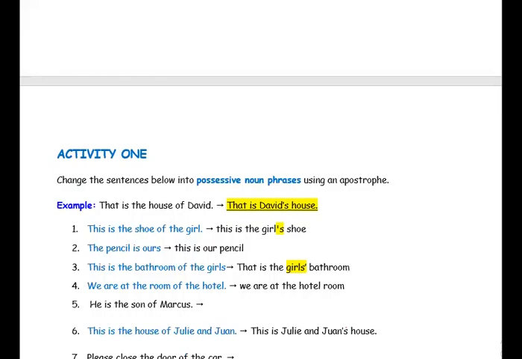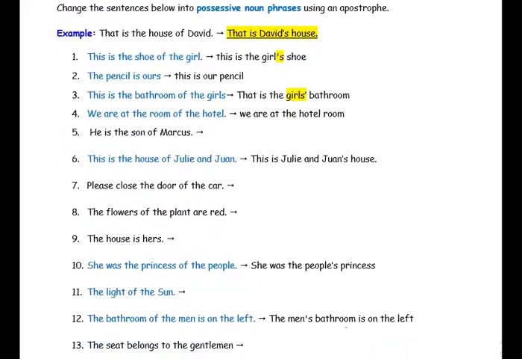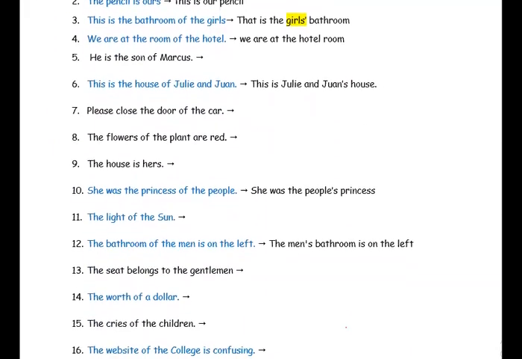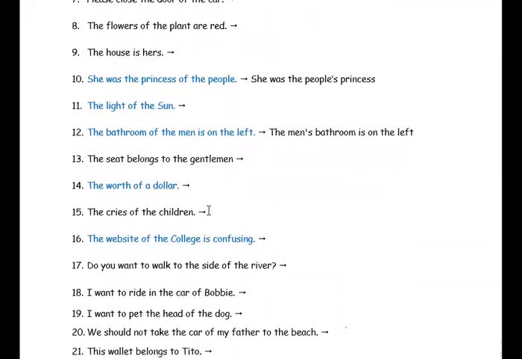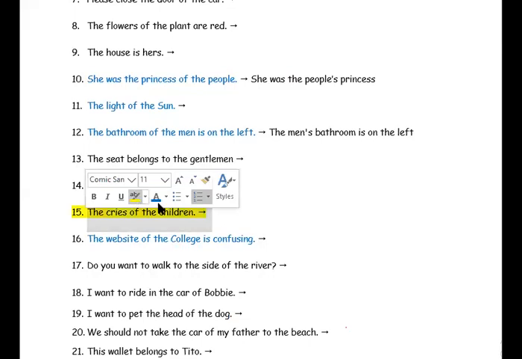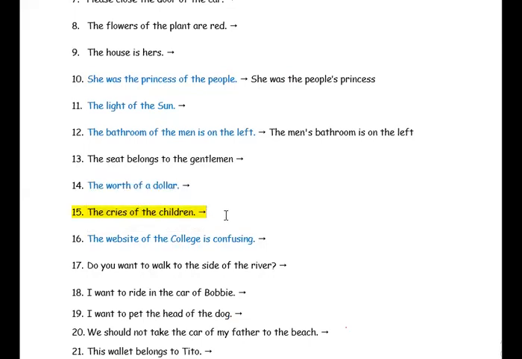Yes, good, Brooklyn. I'm going to highlight the question I want you to answer. The cries of the children. How do we put this into a possessive noun phrase? The cries of the children. Start with the children.